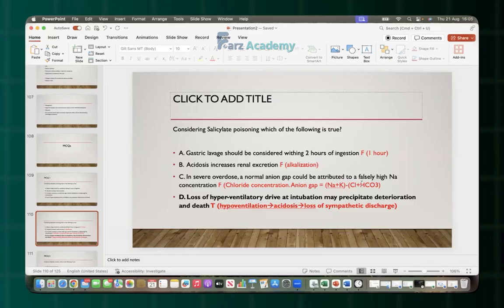So if it's a falsely high chloride concentration, then it will show a normal anion gap, right? And very correctly pointed out, loss of hyperventilatory drive at intubation may precipitate deterioration and death. So that is true because the hypoventilation leads to acidosis and then loss of sympathetic discharge.